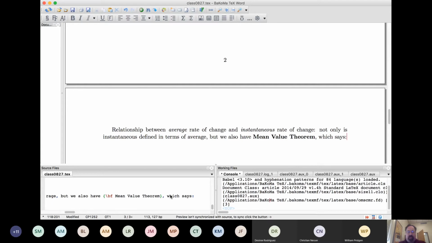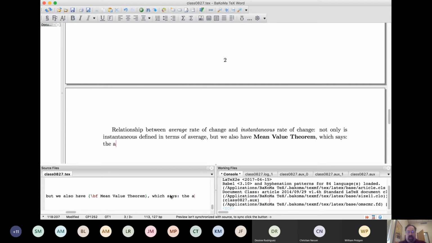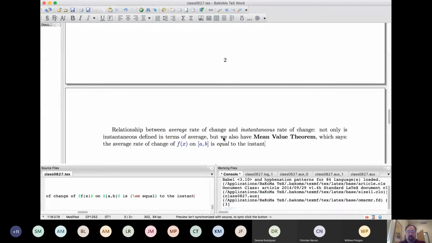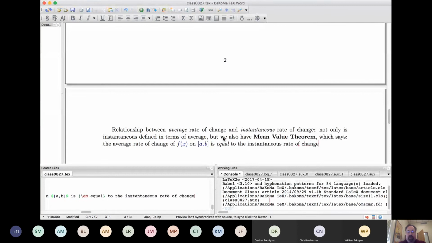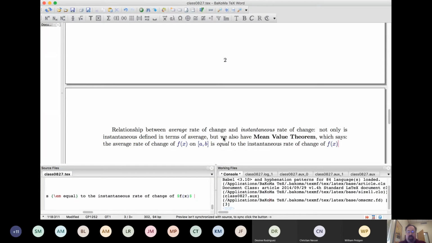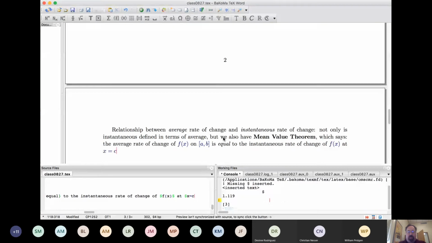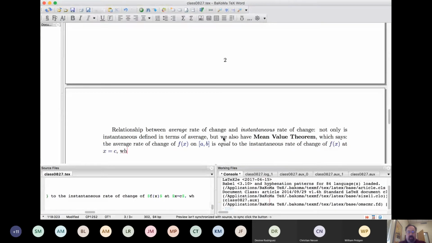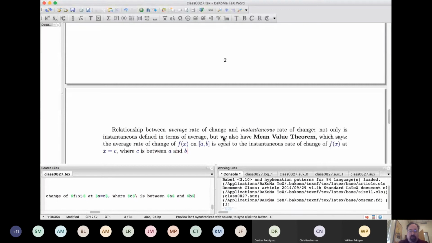And I'm not going to state it completely rigorously, but the average rate of change of a given function on a given interval, like from a to b, is equal to the instantaneous rate of change of the same function at some point x equals c where c is between a and b.